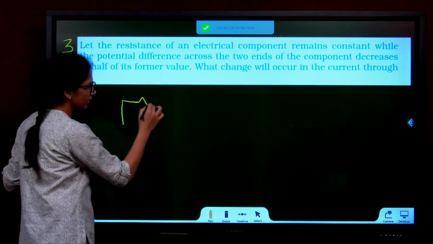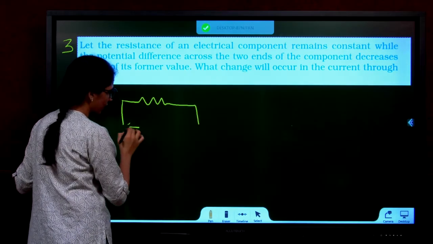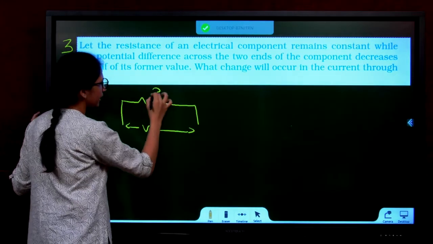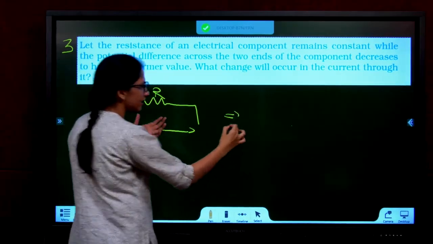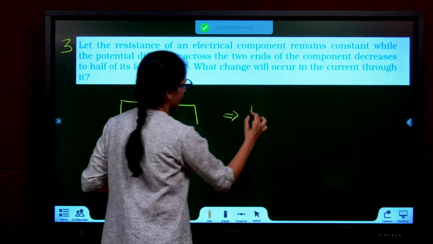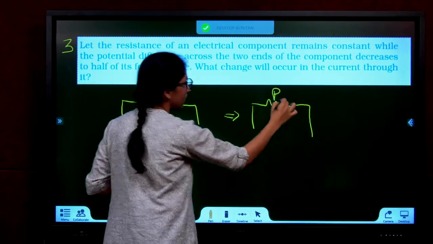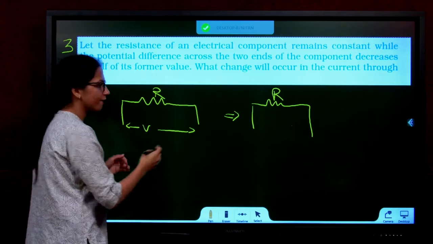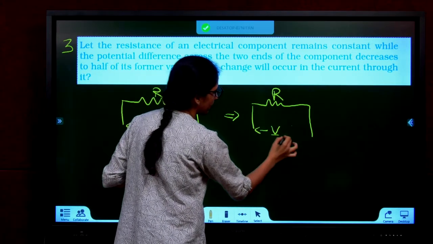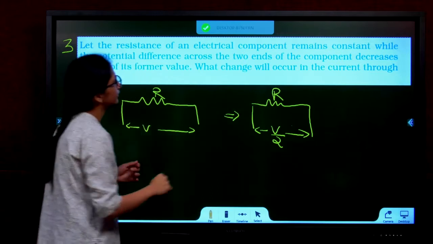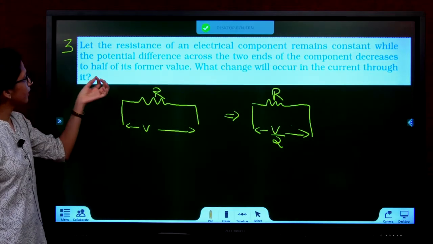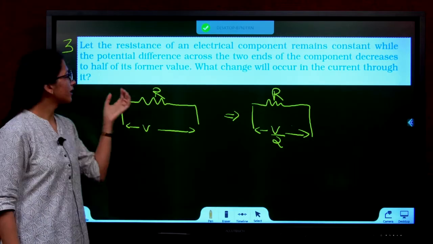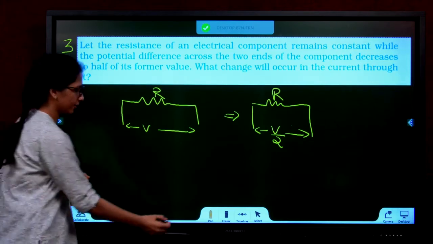So if you have a resistor here and some potential V, they are telling you to let the resistance be the same, but let the potential decrease to half its former value, V by 2. See the question. What change will occur in the current through it?